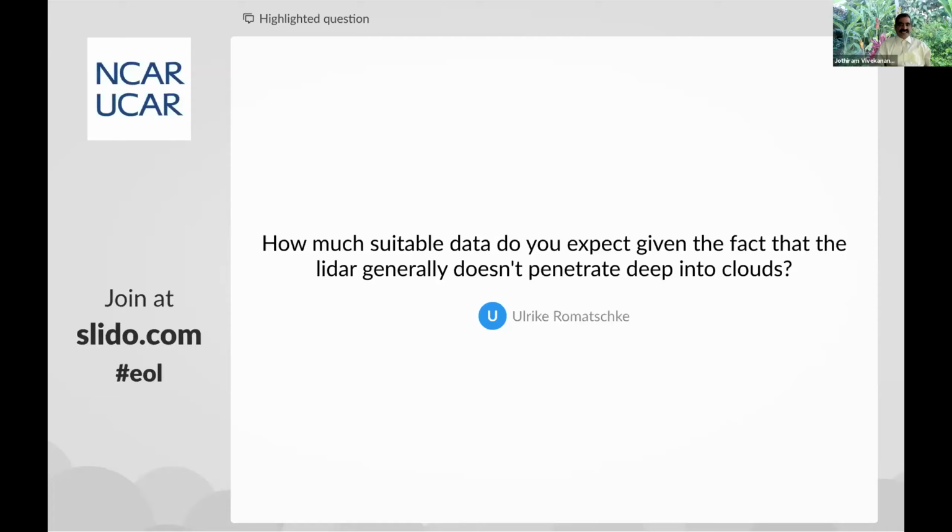Since the LiDAR doesn't penetrate past the cloud base, yes, it's limited. If the cloud base is present and a lot of cloud droplets exist, then yes, the technique is limited in that case. But in an up-looking mode for ground-based observations, or when the airplane flies close to the surface, then we can do this. Otherwise, we are limited.